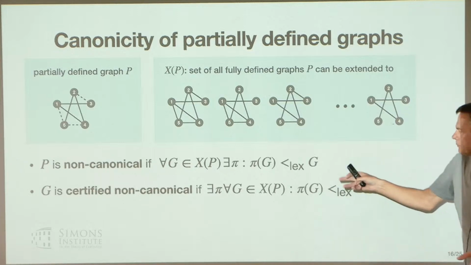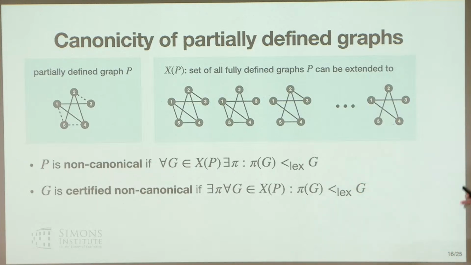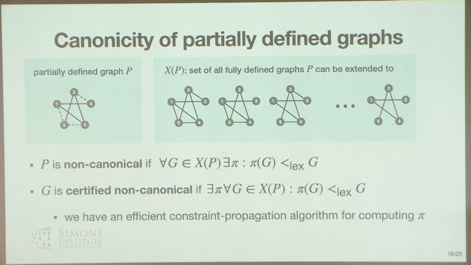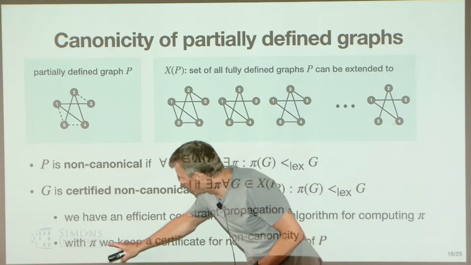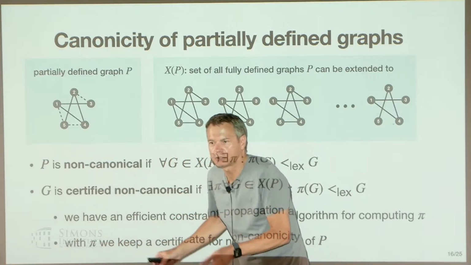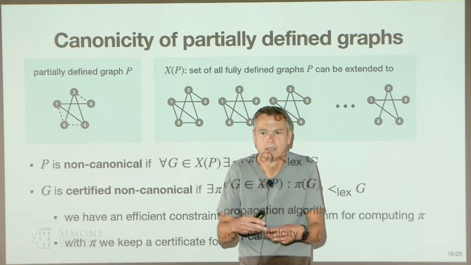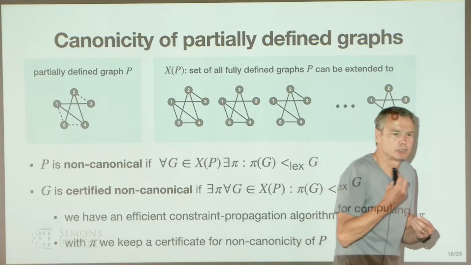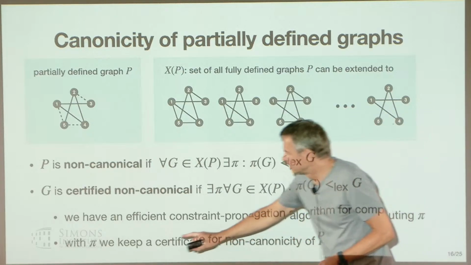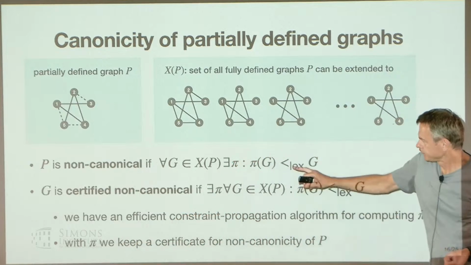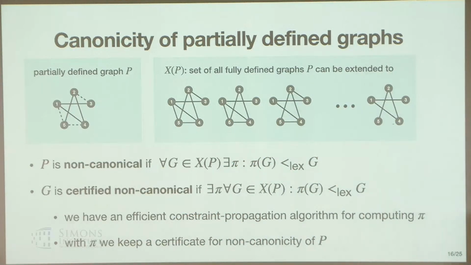And this happens to be still quite powerful in our search, and we have a special constraint propagation algorithm to compute this, so we can do this very fast. And the nice thing is that for each clause that we learn, we can keep this permutation as a certificate, so that later, if we want to check whether the computation was correct, we can simply check whether this permutation really was the certificate for non-canonicity.